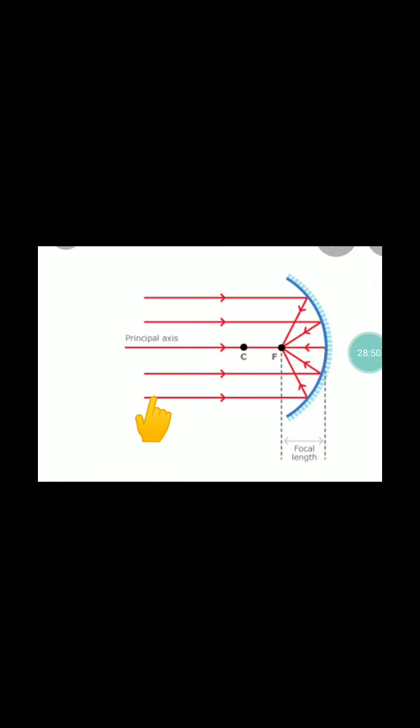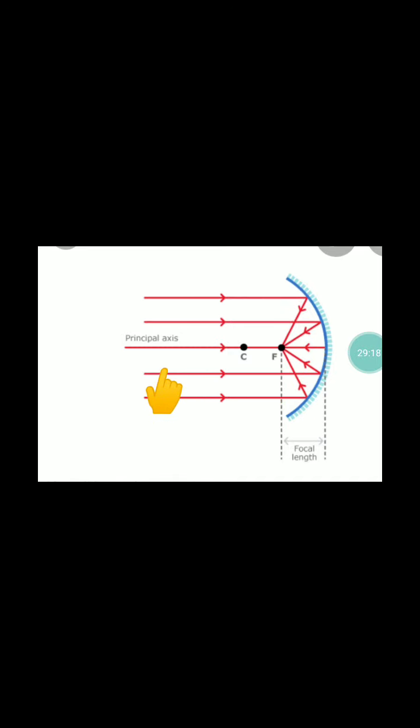Usually a concave mirror is called a converging mirror because these rays are converging here. These parallel rays are meeting here. Hence it is called a converging mirror. And the principal focus of a concave mirror is a real point, and it always lies in front of the concave mirror. Clear?